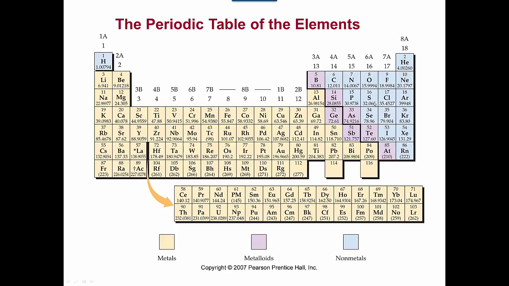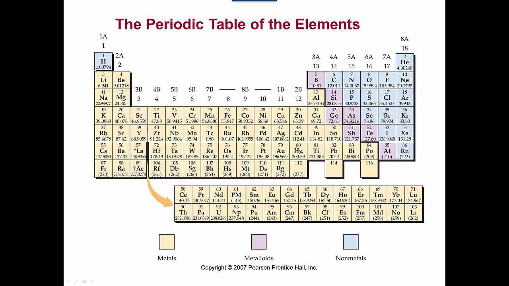In fact, all of these elements in group 6A have 6 valence electrons. It turns out that for main group elements, the number of valence electrons is equal to the group number. So that's for 1A, 2A, 3A, 4A, 5A, 6A, 7A, and 8A.